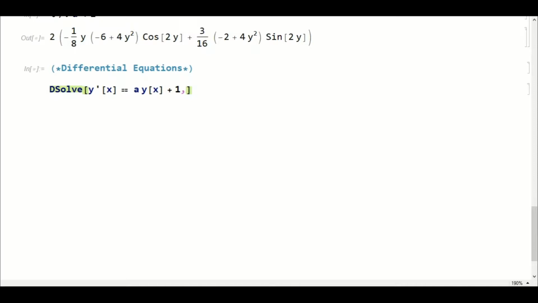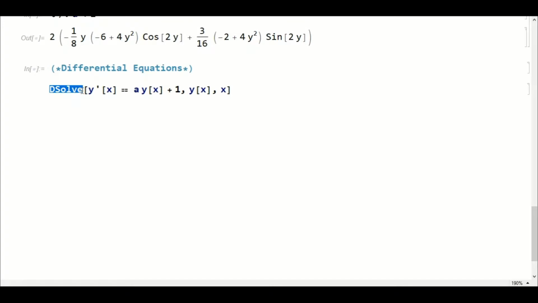The dependent variable is y depending on x, so y of x is your dependent variable, and also the solution of this expression. The independent variable is x. So this is how you write a differential equation in Mathematica.